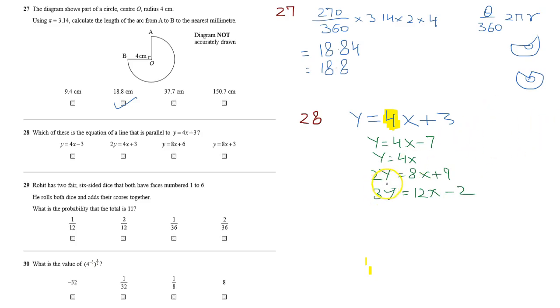For any of these lines, for 2y you have to divide it by 2, and for 3y divide it by 3. So now let's check. This is 2y, we divide it by 2, so the slope is 4. Here the slope is 8, here the slope is 4, only here the slope is 4. So this is the answer.